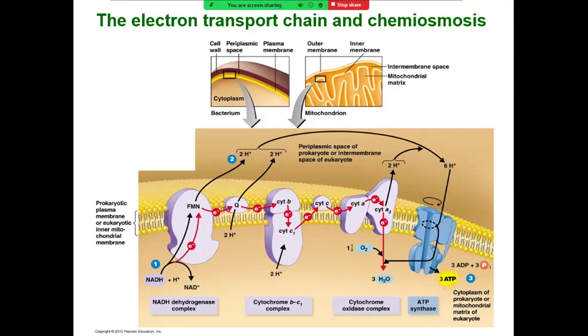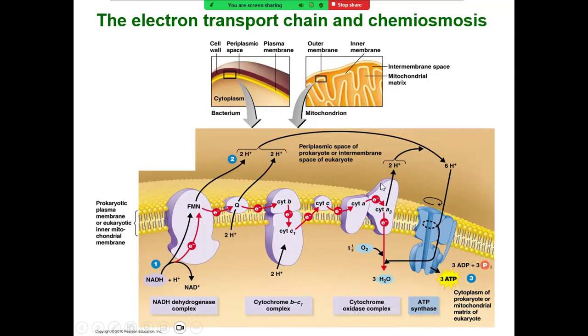Now, in a prokaryote, they don't have a mitochondria, so this electron transport chain is happening right here, and that's the cell membrane of the cell. And so where are these hydrogen ions being pumped in a prokaryote cell? It's not between the inner and the outer membrane because there is no outer membrane of a mitochondria.